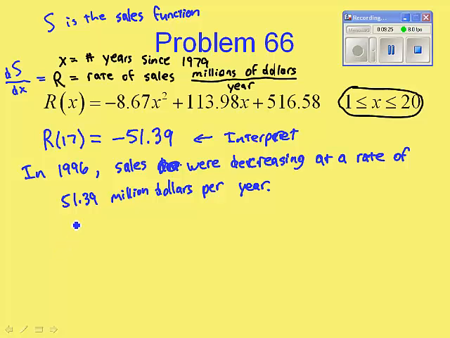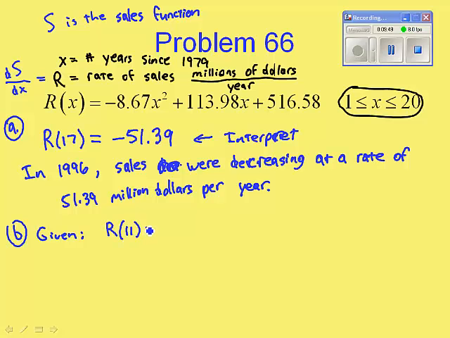Okay, part B. Knowing that there were 8,563 million in lotto tickets sold in 1990. So this is part A. Part B. What's the given info? Well, it says something about 1990. So what x should I use there? 11.